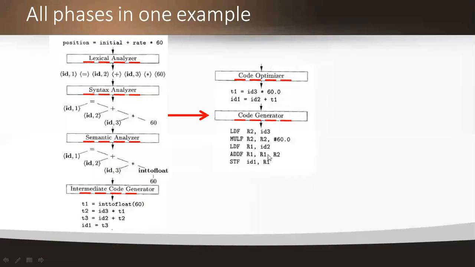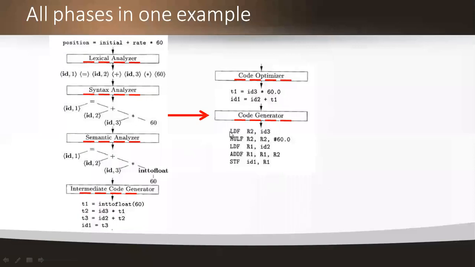ID1 is equal to ID2 plus ID3 into 60. See, after performing the reverse engineering also, we can get our source string without changing the meaning.